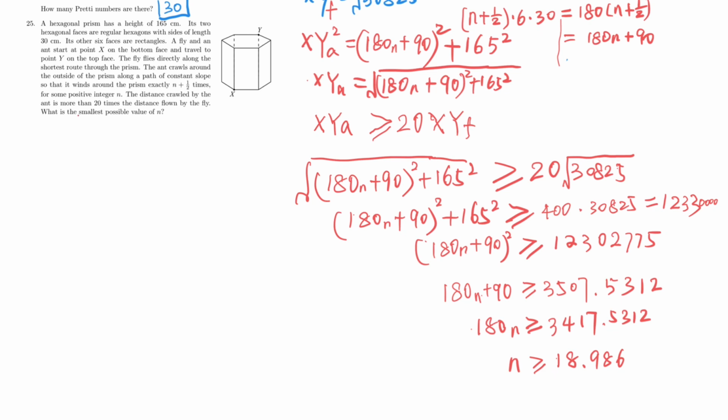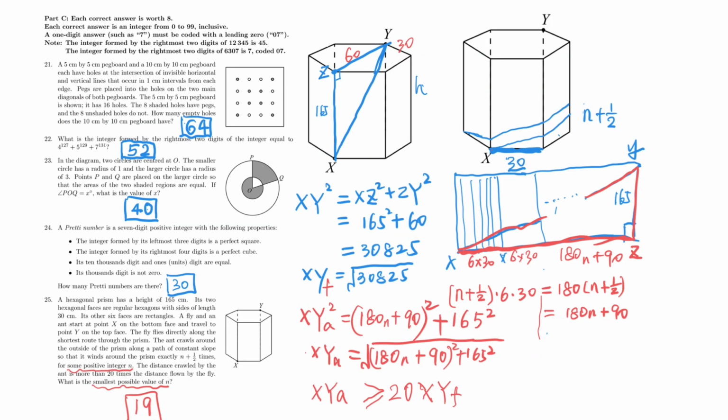They ask for the smallest possible value of n, and n is a positive integer. That means n is 19. The answer of number 25 is 19.